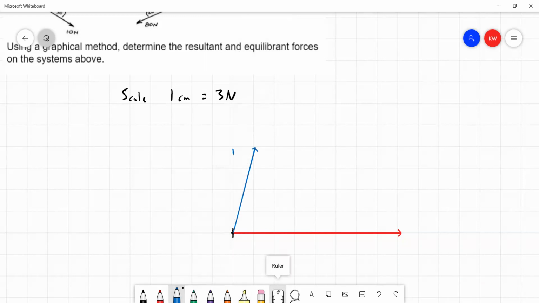And we can put these values on our diagram. It's 15 Newtons, that's 30 Newtons over there. And this angle is 75 degrees.